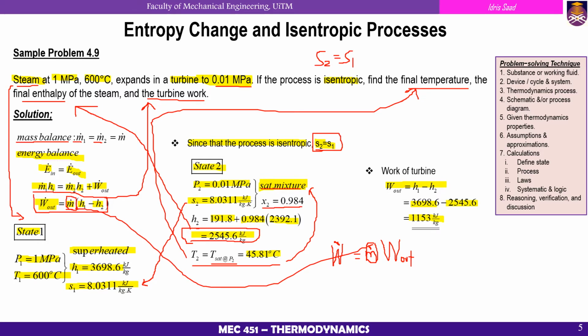So what you get is basically work out is equal to h1 minus h2. So the final answer for the work output is equal to 1153 kilojoule per kilogram.